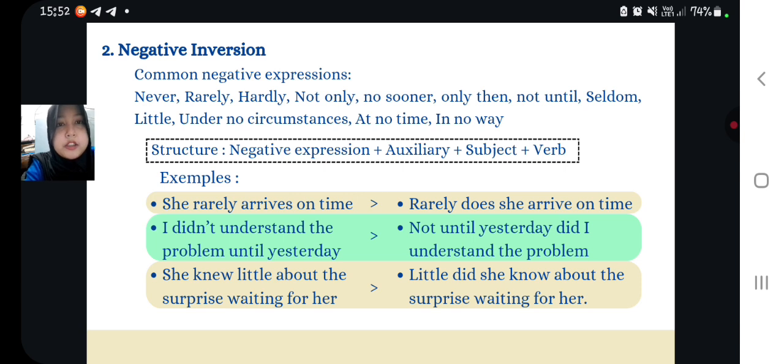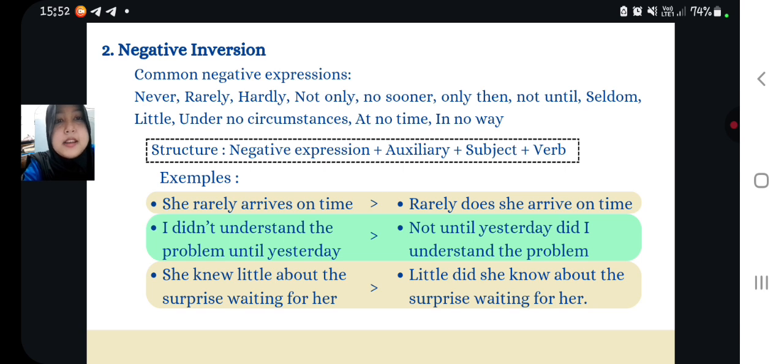And the structure is negative expression plus auxiliary plus subject plus verb. For example, she rarely arrives on time, and then after subject auxiliary inversion: rarely does she arrive on time. We add the negative expression rarely. And then next, I didn't understand the problem until yesterday.